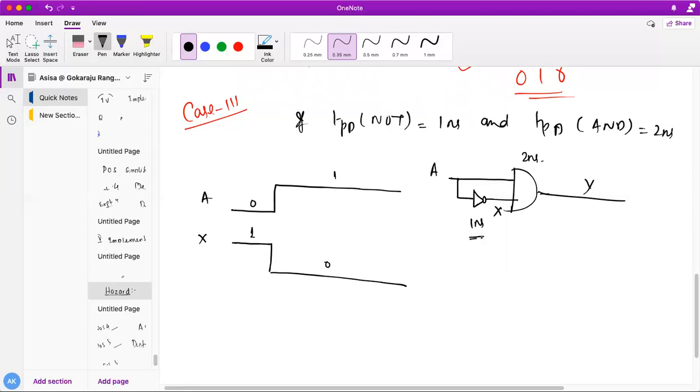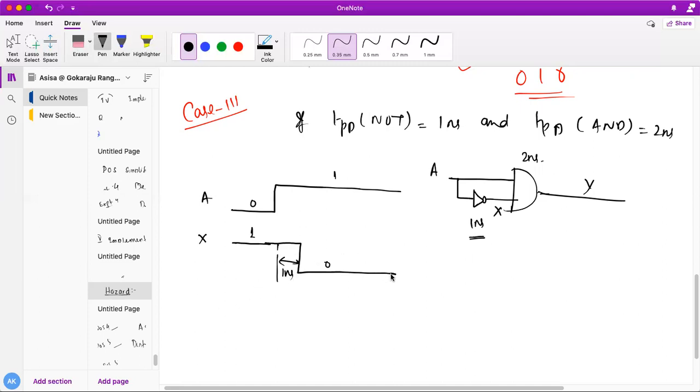Because of the 1 nanosecond delay, my X is not like this. After 1 nanosecond, there is a change from 1 to 0. So my waveform will appear after a 1 nanosecond delay. Here you see, after 1 nanosecond, I can expect 0. This one is my 1 nanosecond. So this is my X.